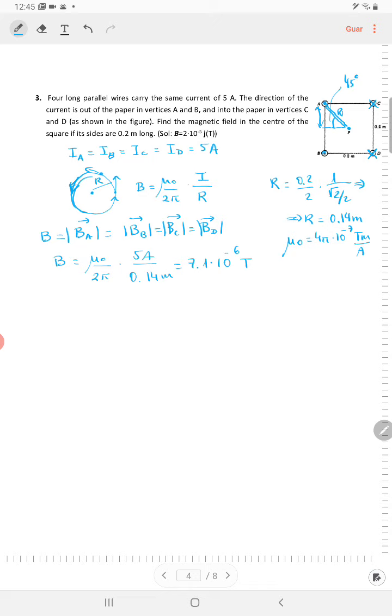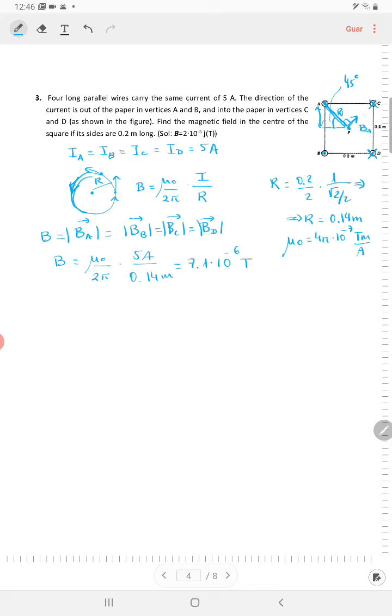In the case of wire A, if we apply the right-hand rule, we can see that the magnetic field has a direction that is perpendicular to this line here, because it has to be tangent to the circumference that has center in A at this point P. So this has to be perpendicular to the radius. This would be the direction of B_A.